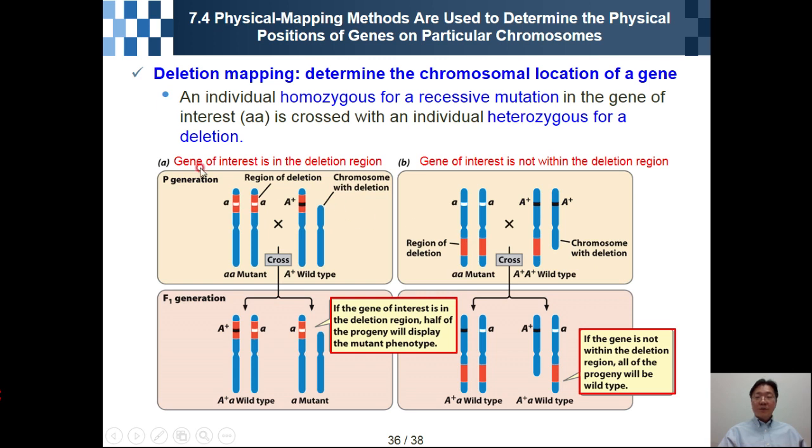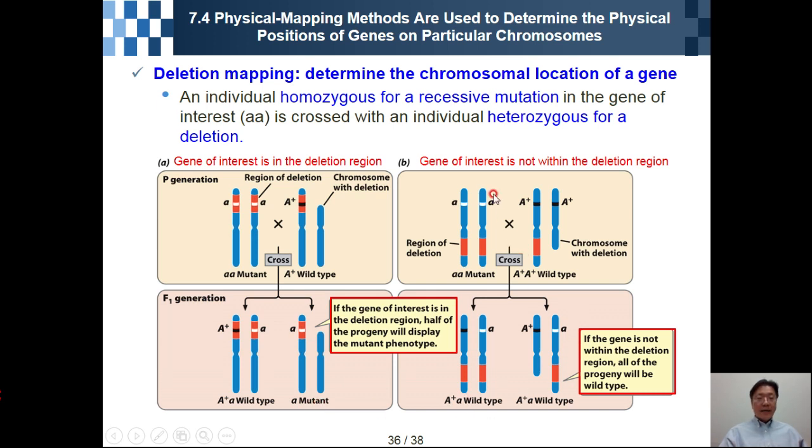When the gene of interest is located within the deletion region, after the cross, this is the F1 generation. The F1 will be A plus A, meaning that the phenotype will be wild type. How about in these cases, small a and there is no gene of interest? It means that it will become the A mutant.